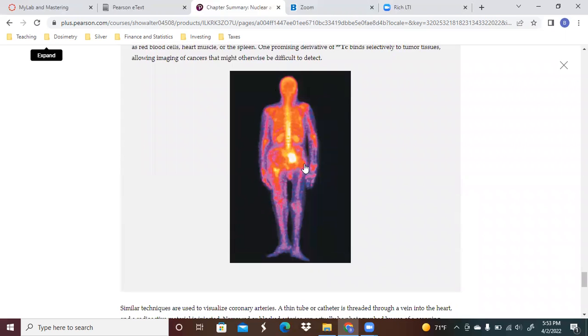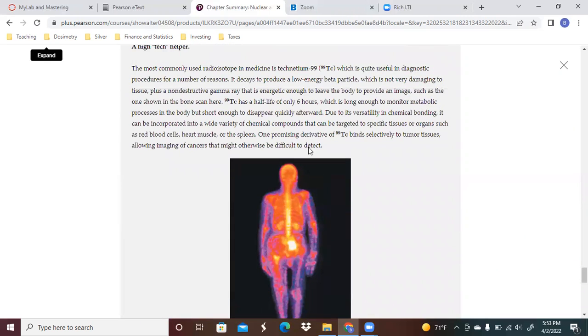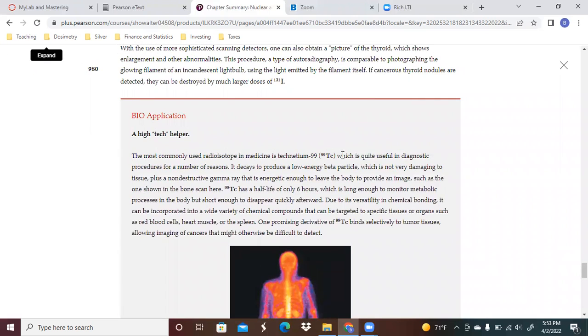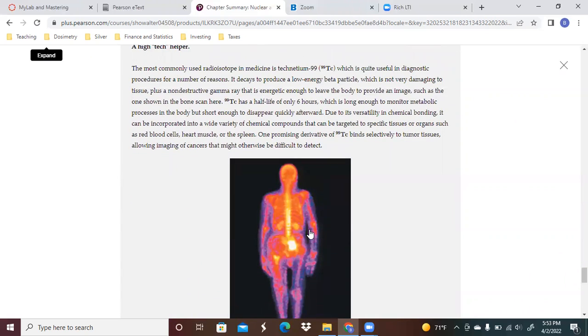Again, something like this is a PET scan, or in this case, I guess it is, let's see if I can find it. Yeah, it's a radioisotope, technetium-99, which goes into the body, and you can start to see where the material will accumulate.